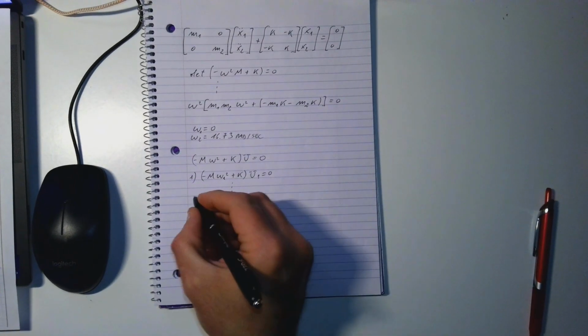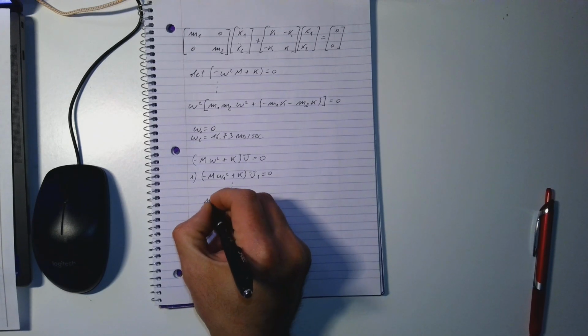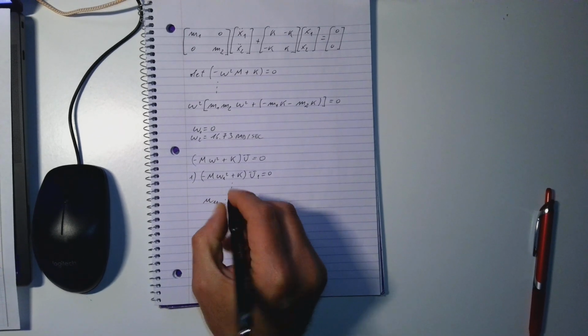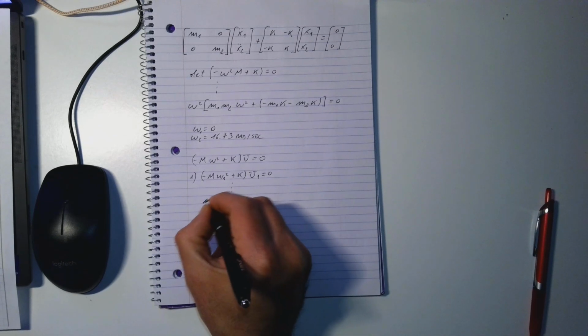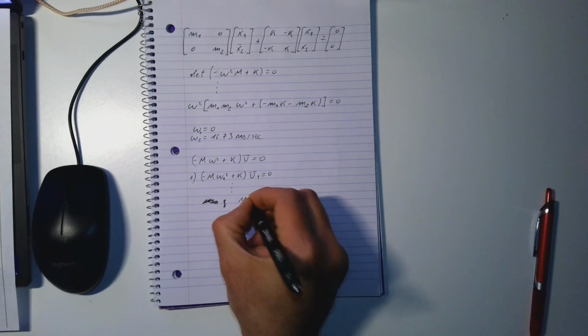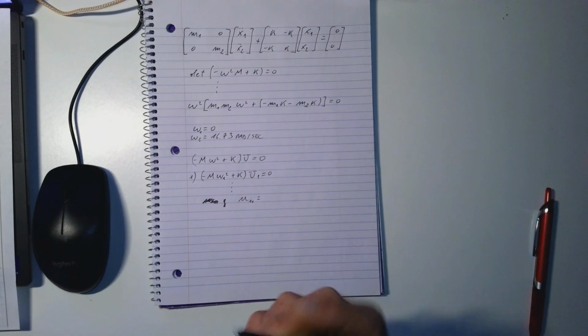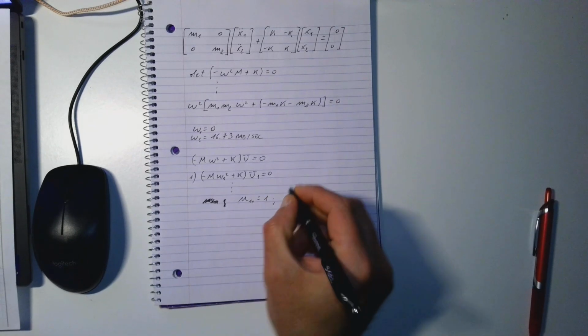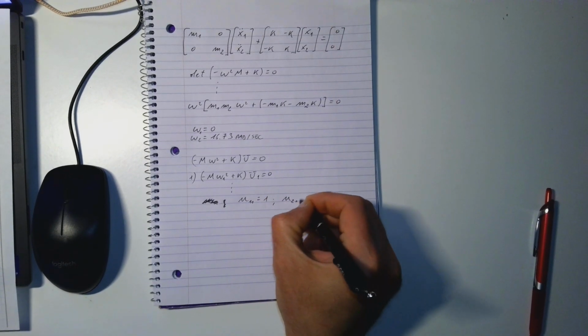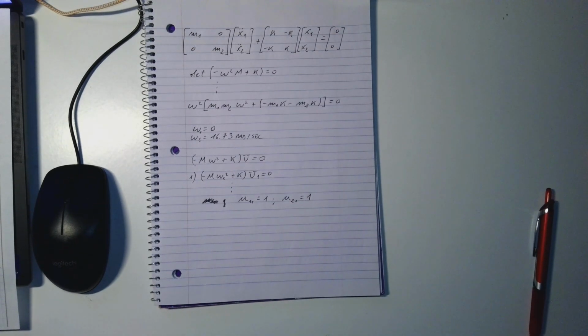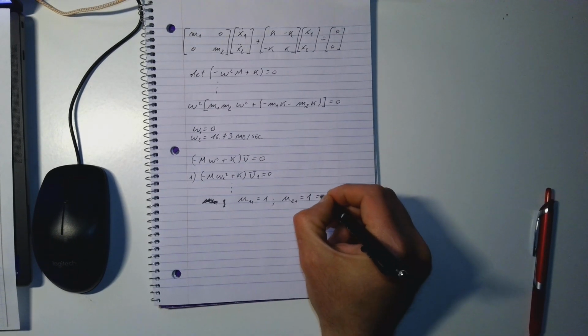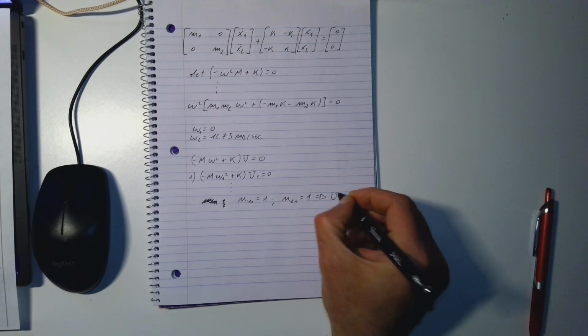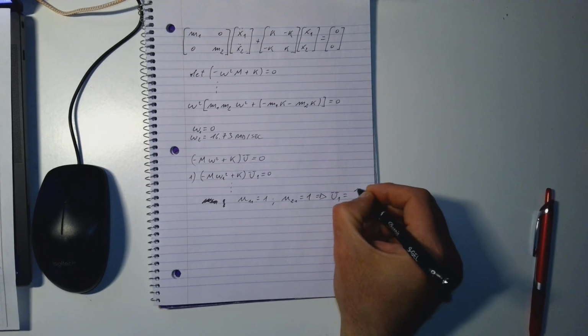So in this case we obtain that for the two components, u11 we can select equal to 1, and then u21 will be also equal to 1, which means that our vector u1 will be equal to 1 and 1.